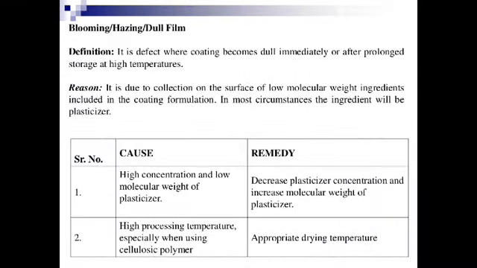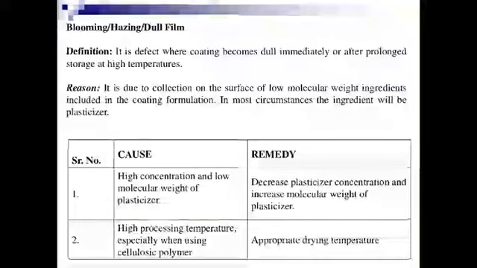Then bloom, or hazing, or dull film appearance, is the defect where the coating becomes dull immediately or after prolonged storage at a high temperature. This is due to the collection on the surface of low molecular weight ingredients included in the coating formulation, and most probably because the plasticizer amount is not correct.